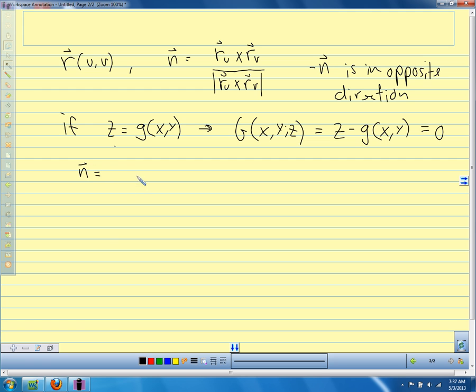Our unit normal vector is going to be del g over the magnitude of del g. So when we have a surface g of x, y, z equals a constant, the gradient gives us a normal vector. So if we divide the gradient by the magnitude of the gradient, we have a unit normal vector. And again, negative n is the unit normal vector in the opposite direction.